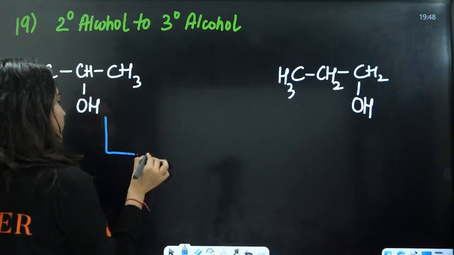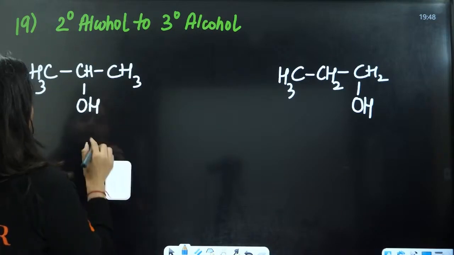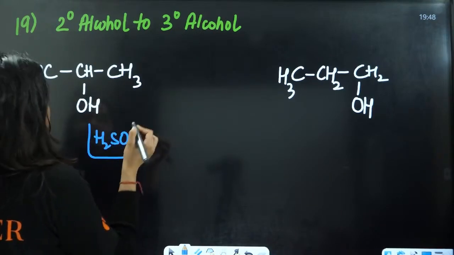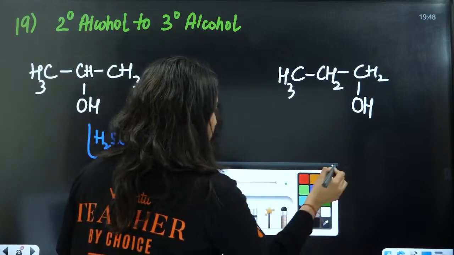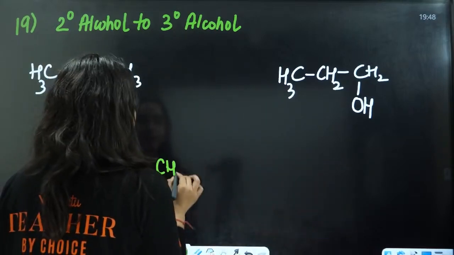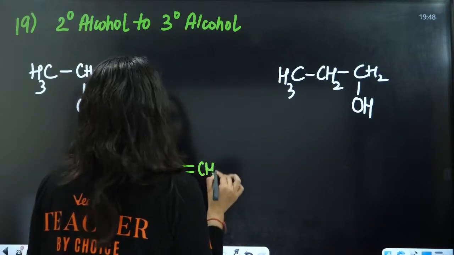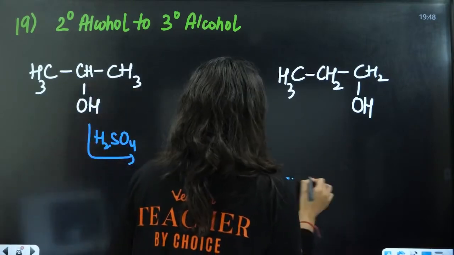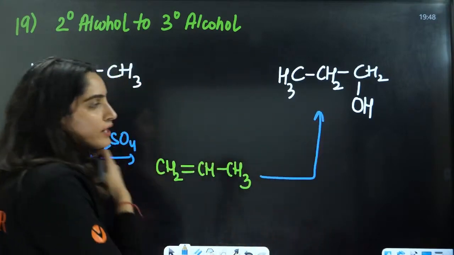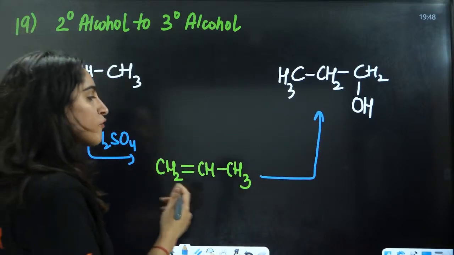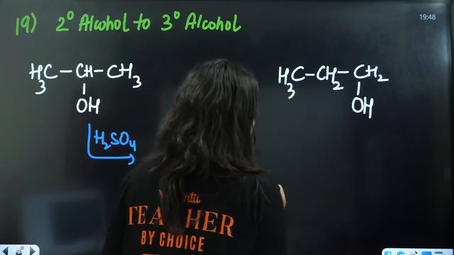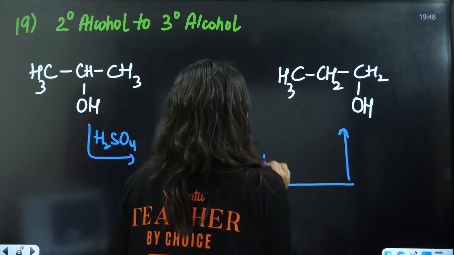So what you can do here, you can add H2SO4 here, right? It will be converted into alkene, that is CH2 double bond CH3, and then you can add anti-Markovnikov hydroboration oxidation, right?